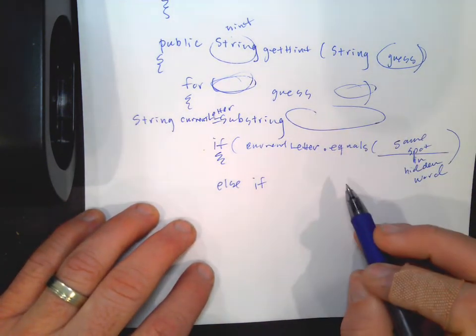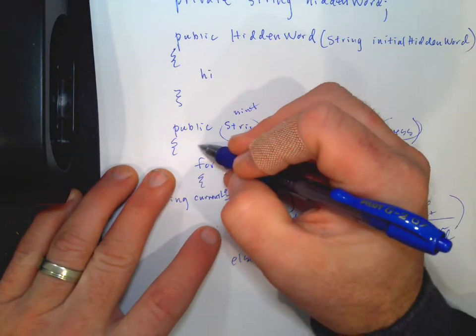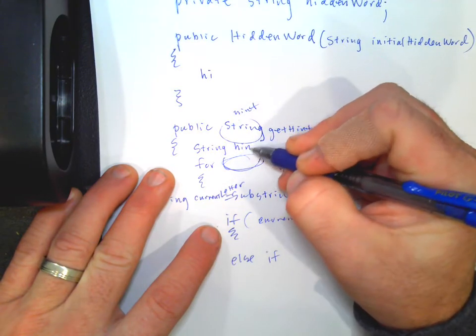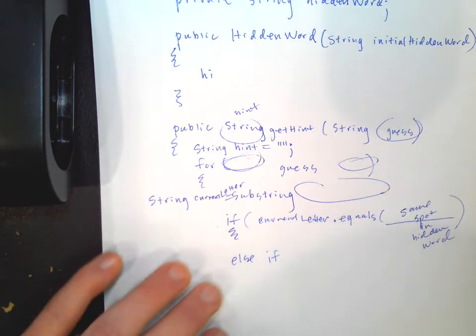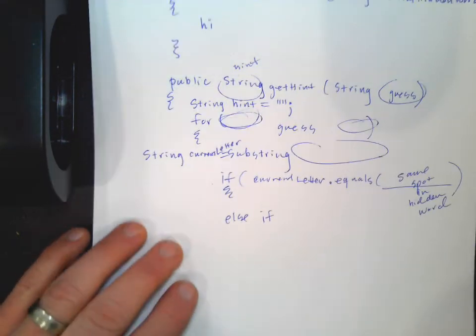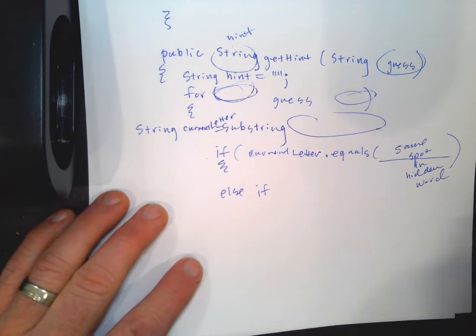And if they do, oh, you know what? We should probably create another temporary variable for our hint before the for loop. String, we call it hint. And at first, just put double quotations with nothing between them, right? So, okay. So we get the current letter.